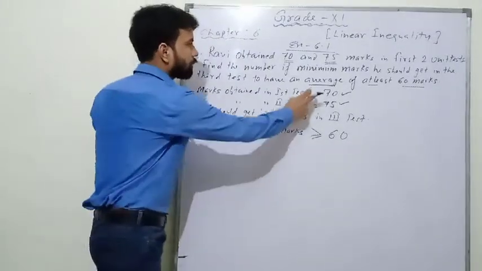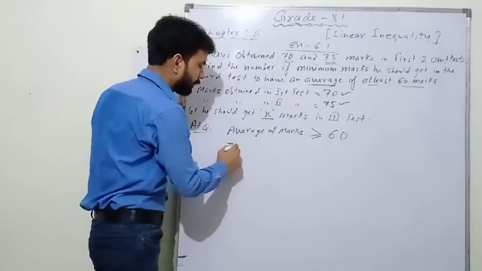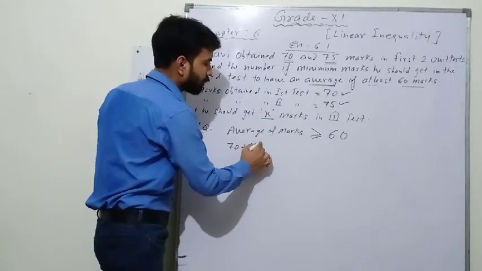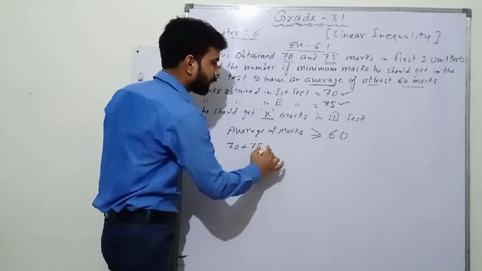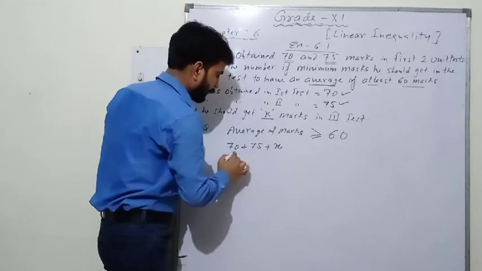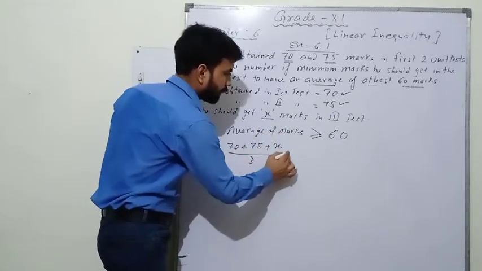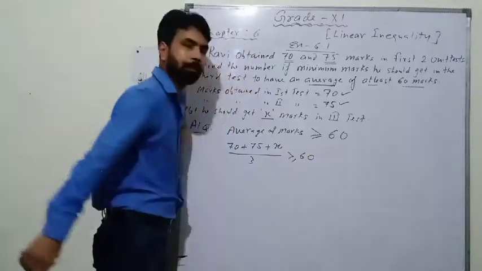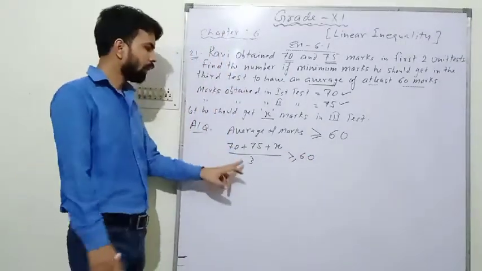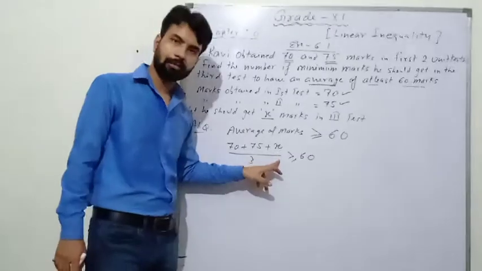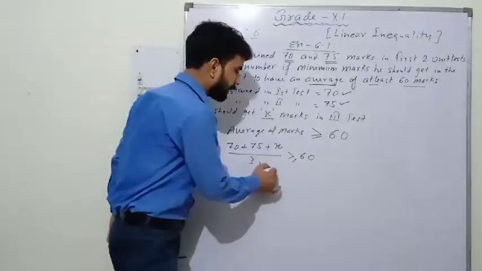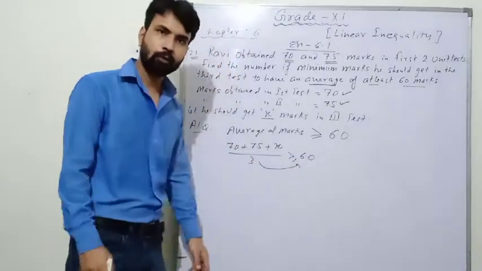So average of marks: first test mark is 70 plus second test marks 75 and third test marks X, divided by 3, greater than equals to 60. Clear? Now this 3 is in the denominator of left hand side, so it can be shifted to the right hand side in multiplication, you know.